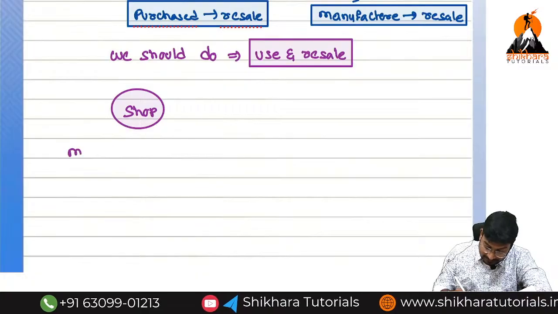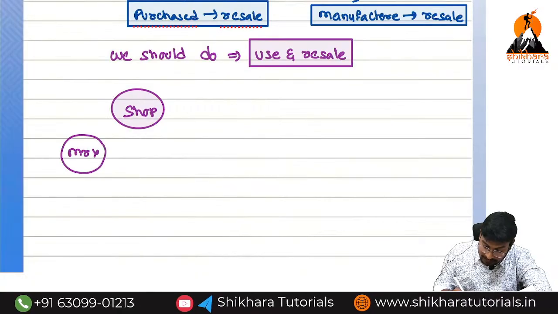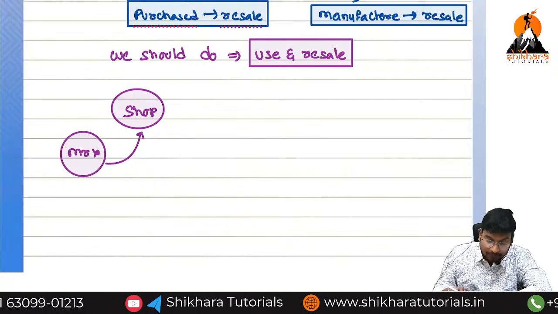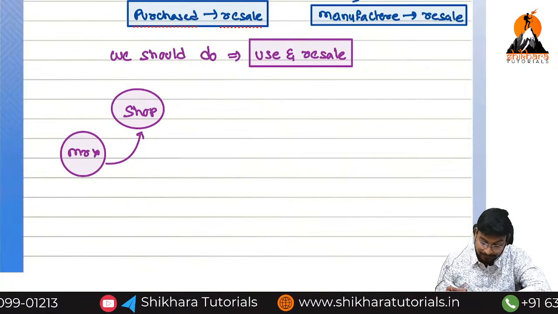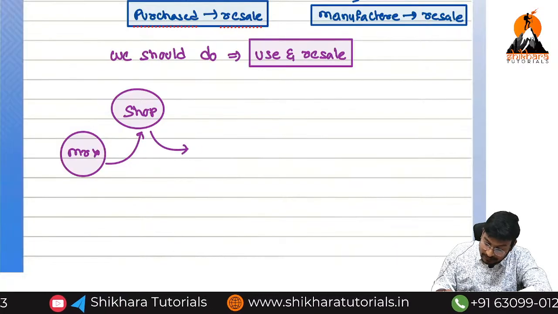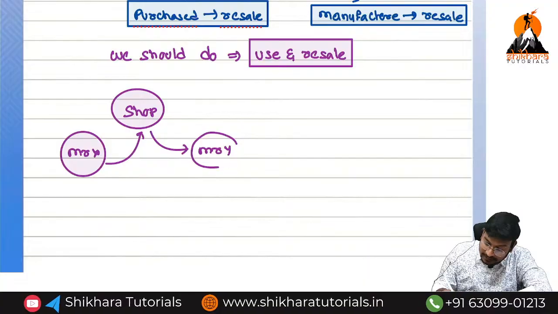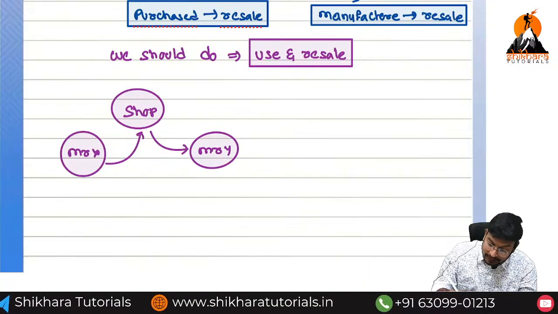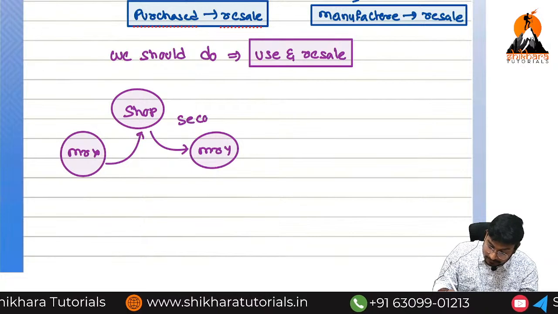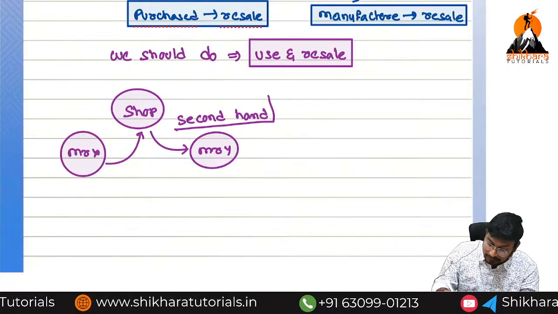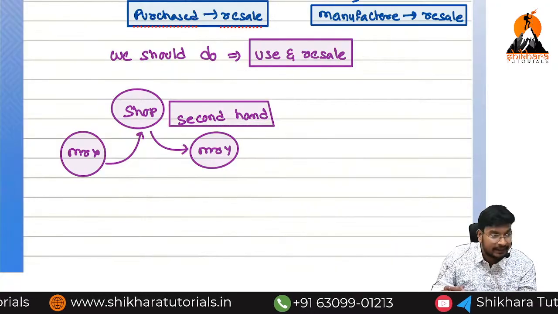Imagine Mr. X is selling a used phone to the shop, and then we are selling it to some other person, Mr. Y. In this situation, this mobile is called a second hand mobile. Are you understanding the concept?